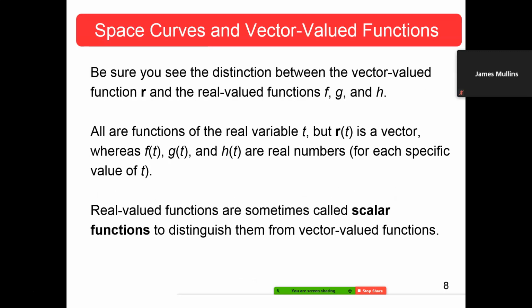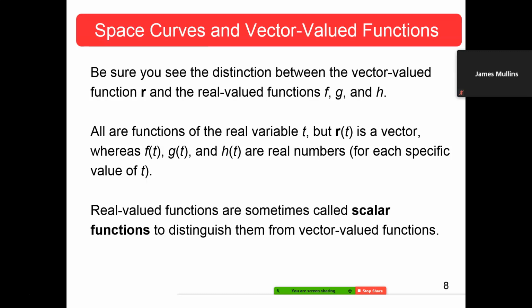Be sure that you see the distinction between the vector valued function r and the real valued functions f, g, and h. The vector valued function has components of a vector. The real valued functions f, g, and h are those components of the function.